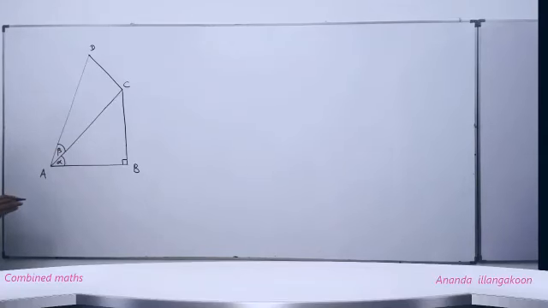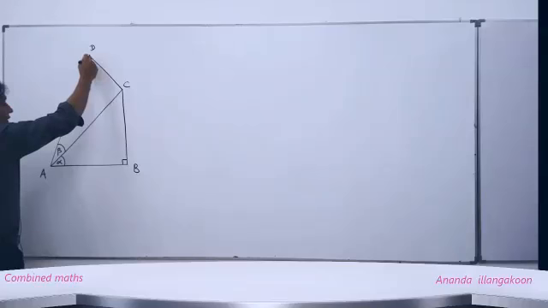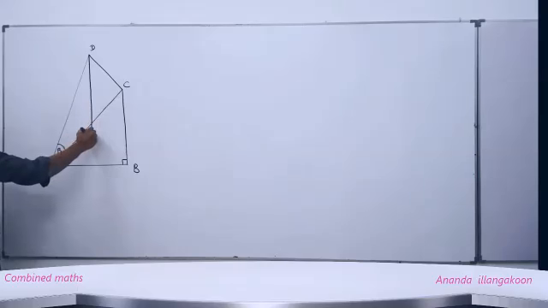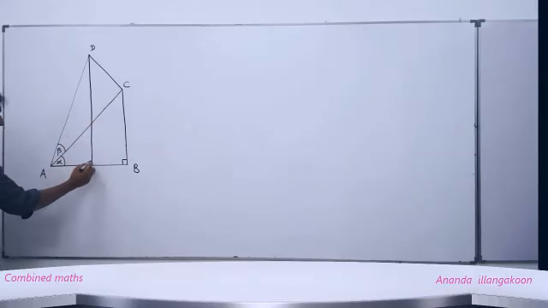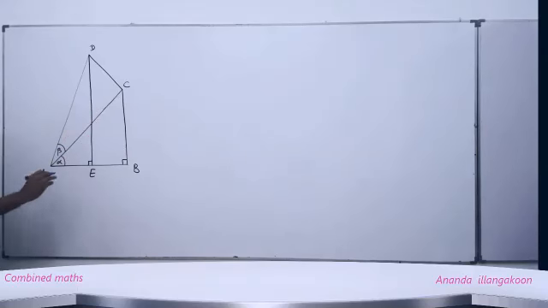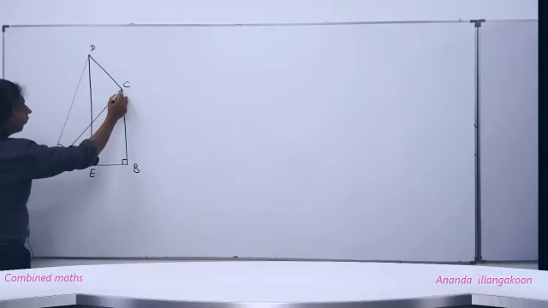Okay. Now I drop a perpendicular from this D onto this AB. This is a perpendicular, which means its angle is 90. This point is, suppose, E. Now we drop another perpendicular from this C onto this DE.